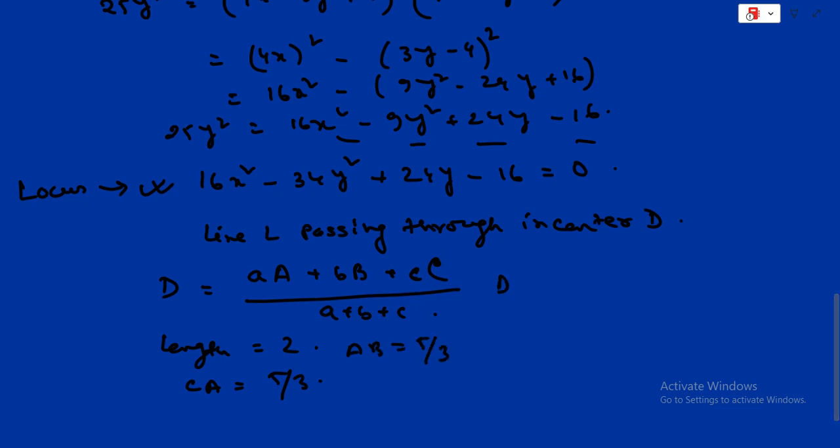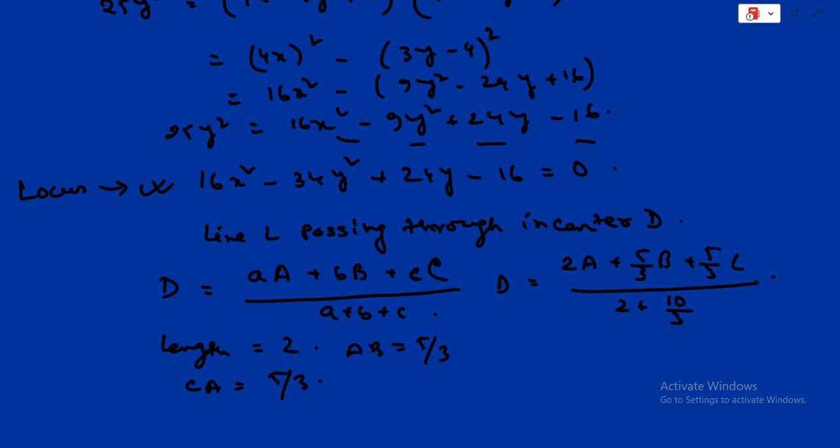So D will be (2A + 5/3 B + 5/3 C) divided by (2 + 10/3). Now solve.